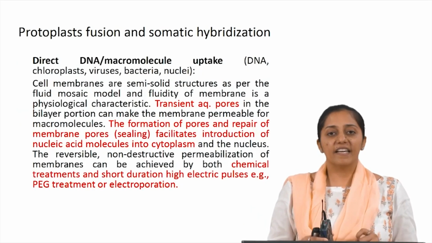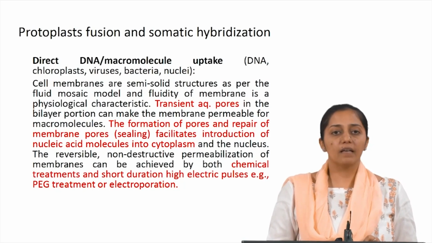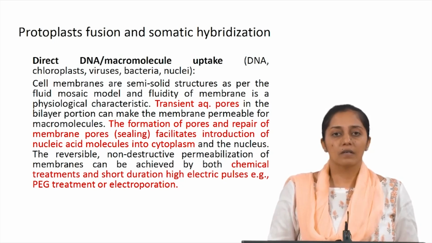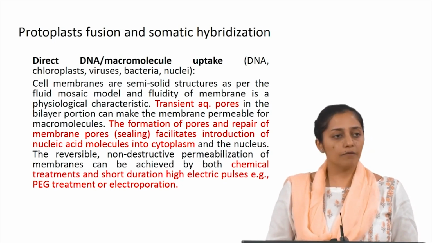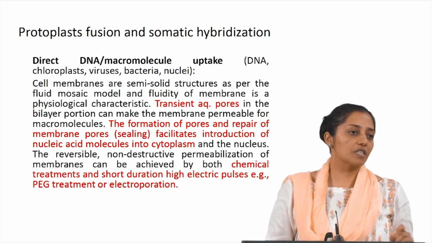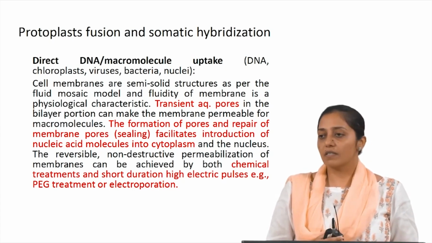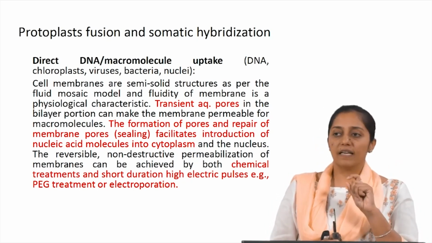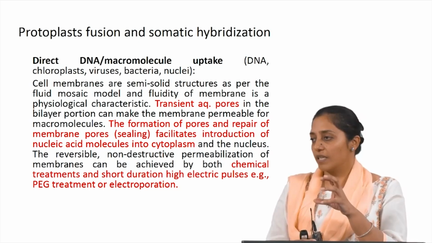Now direct DNA or macromolecule uptake. Cell membranes, we know, are semi-solid structures. This is what we have learnt in the fluid mosaic model. Fluidity of this membrane is a physiological characteristic. So how is it done? We need to reversibly increase the pore size.